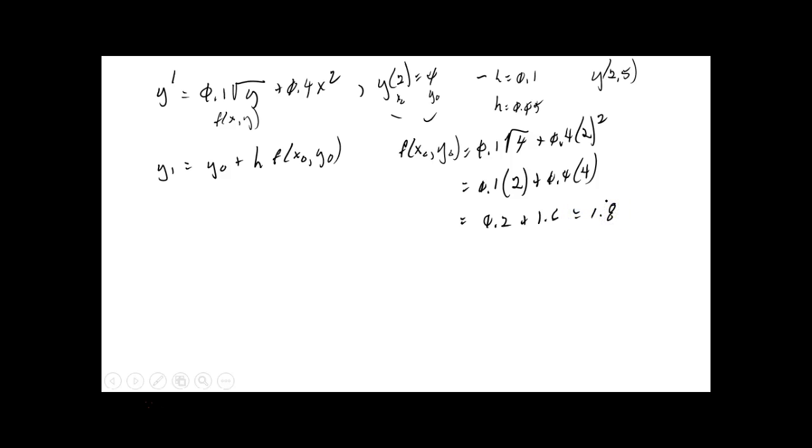So that's your alpha of x0, y0. So your y1 is equal to y0, 4, plus 0.1, that's the h, times this thing here, 1.8. And just like before, this gives us 4 plus 0.18, which is 4.18.